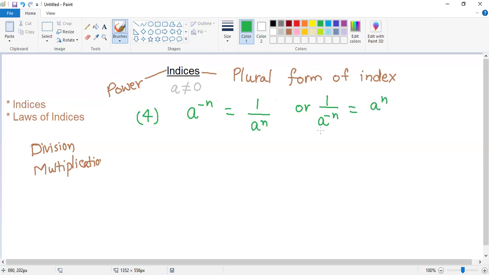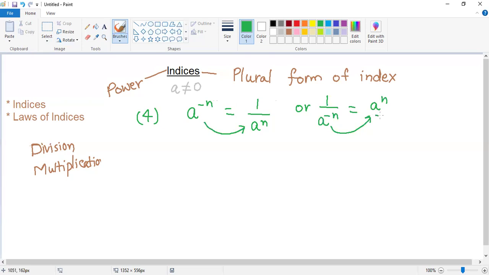So if you have a negative power in the numerator, then you can convert this into a positive power in the denominator. If you have a negative power in the denominator, you can write this in the form of a positive power in the numerator.